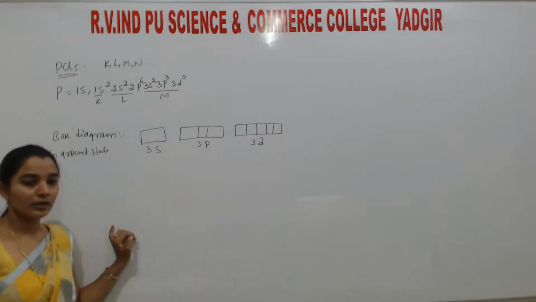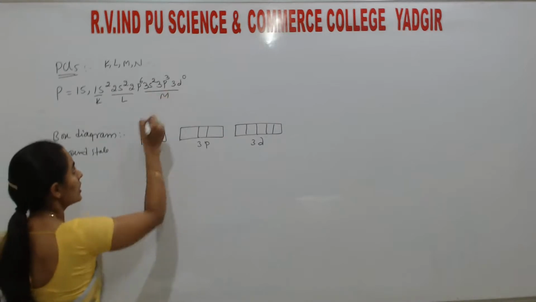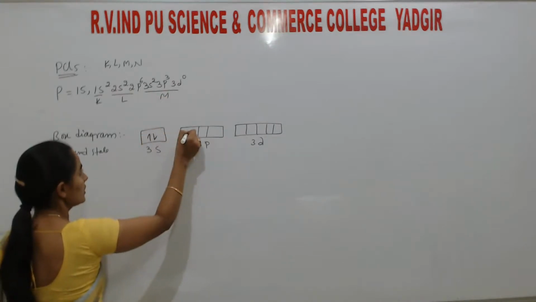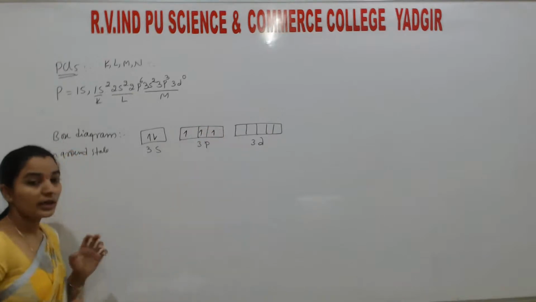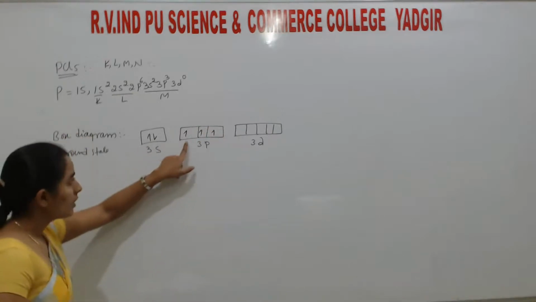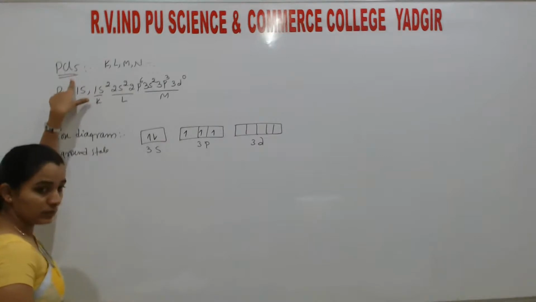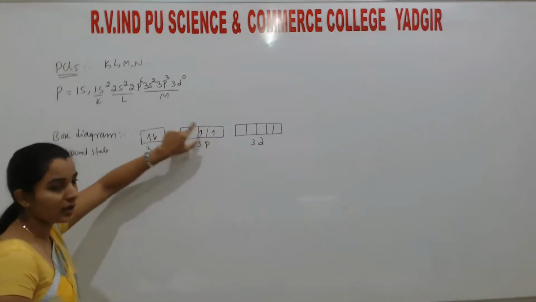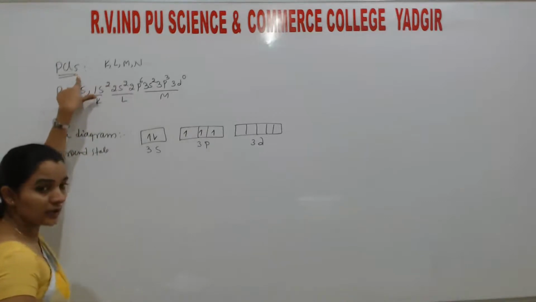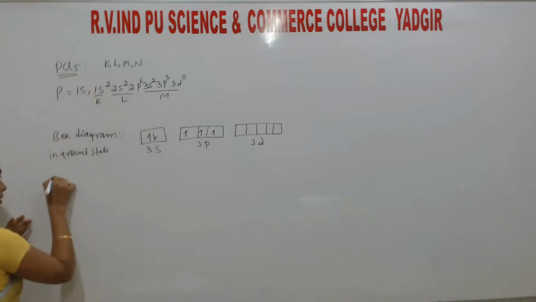We need to write the complete empty d orbitals. In the s orbital, 2 electrons; in the p orbital, 1, 2, 3 electrons. Next, compare the unpaired electrons and the bonded atoms. Here 1, 2, 3 unpaired electrons are there. Here the bonds required are 5. So we need to excite the molecule.